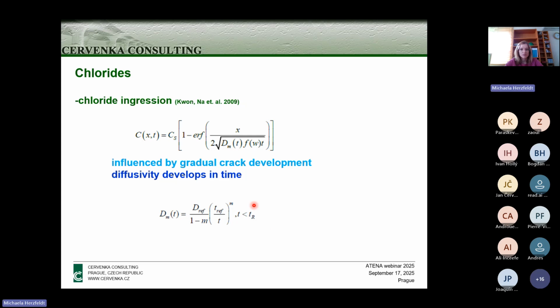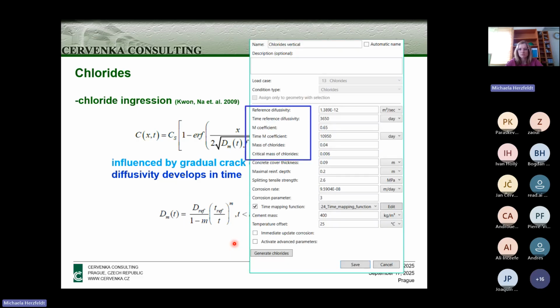And it's for some time of interest, which might be, I think in ATENA we have 30 years in general, but after that the diffusion becomes constant, or diffusivity for chloride.